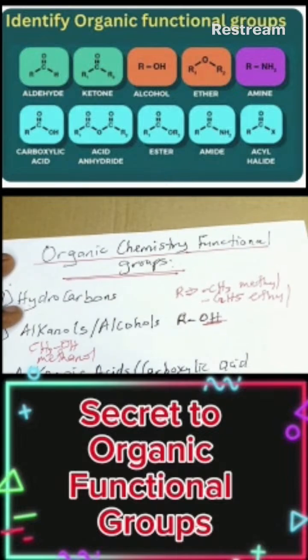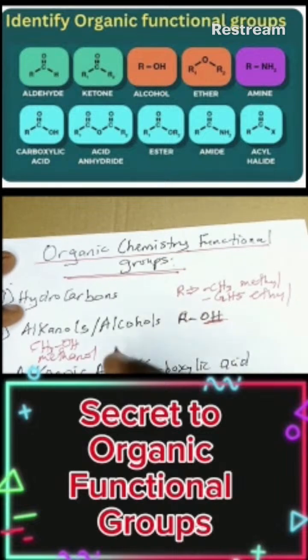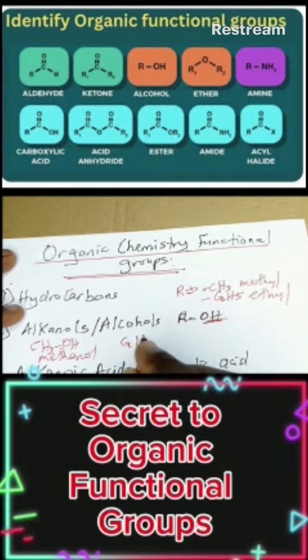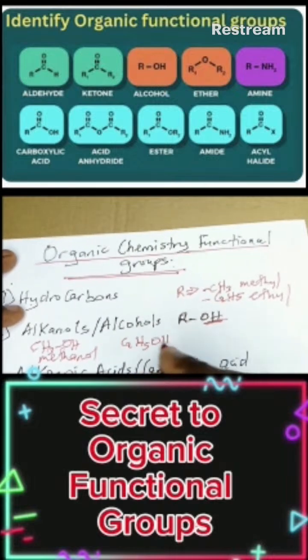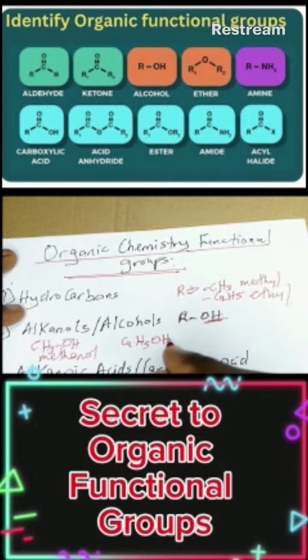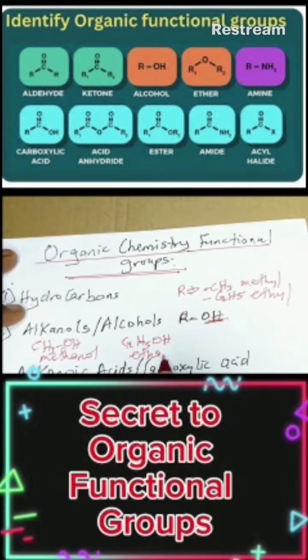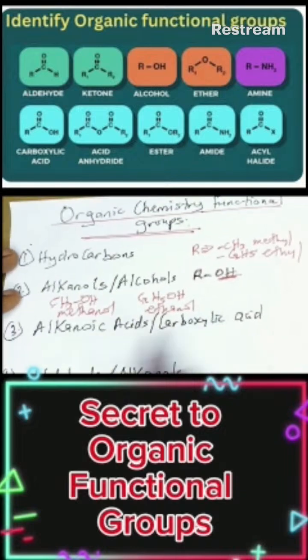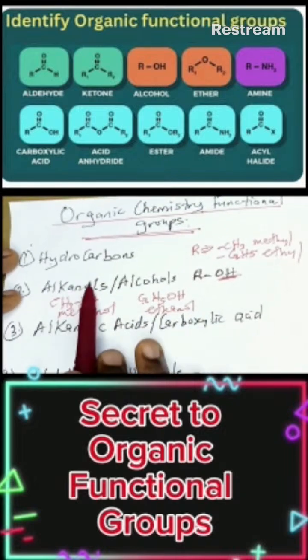If you have C2H5OH, because there are 2 carbons here, it is called ethanol, and it goes on and on like that. That's that about the alkanols, generally called alcohols.